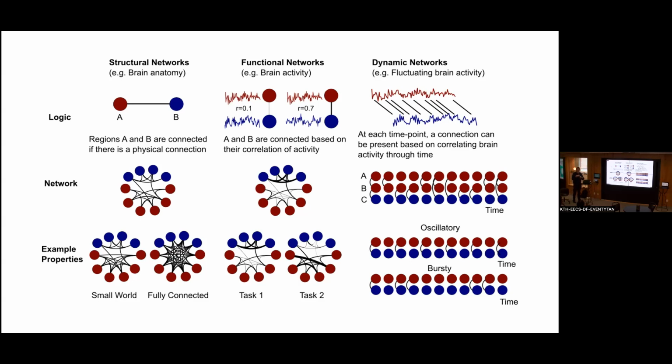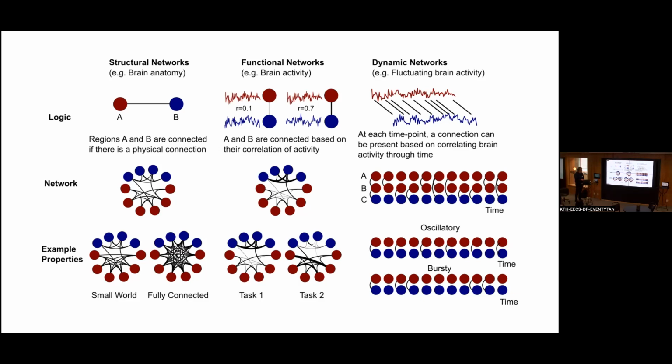You can track the white matter fibers using special sequences on the MRI scanner, and the logic is: if region A and region B are somehow connected with axons, the white matter fibers, there is a physical connection between them. And then you can, of course, parcellate the whole brain from your diffusion data and study network properties of structural connectivity data.